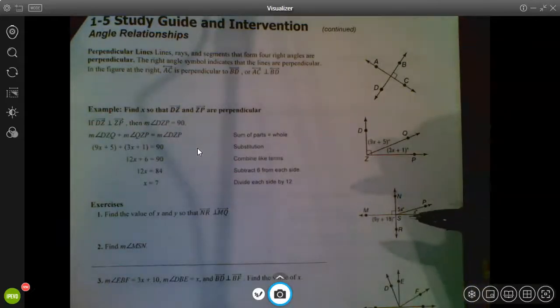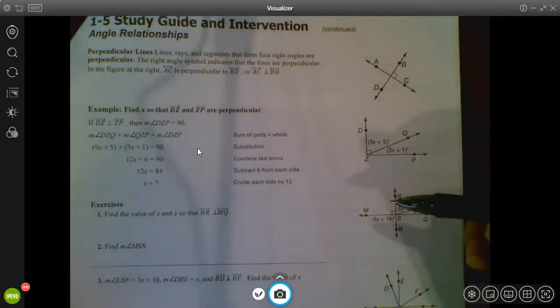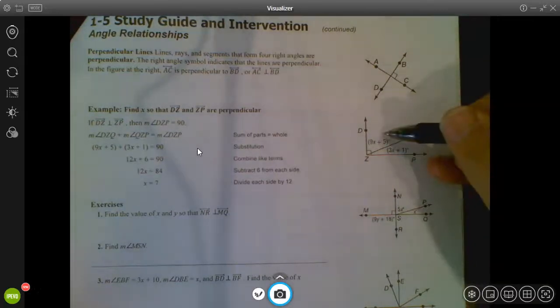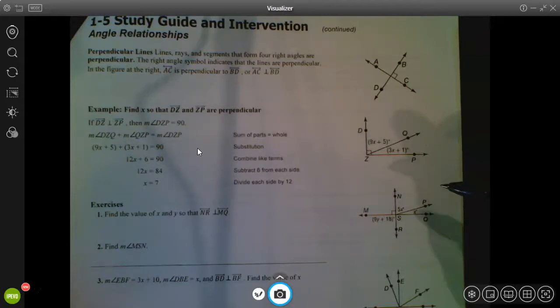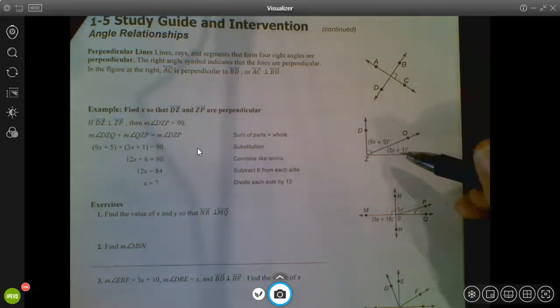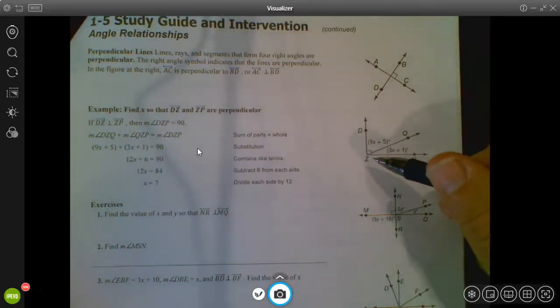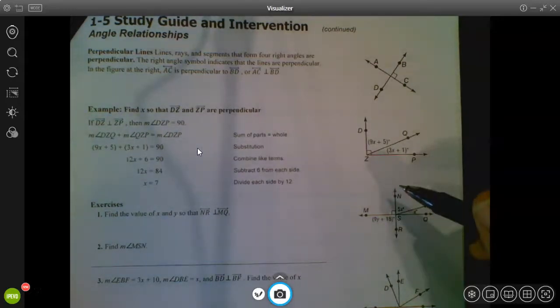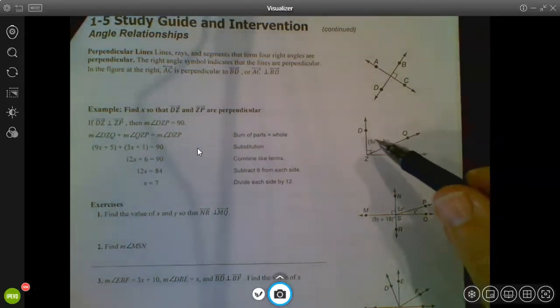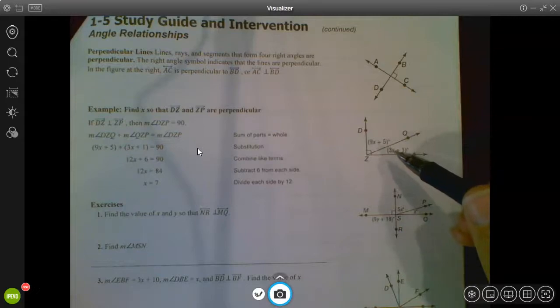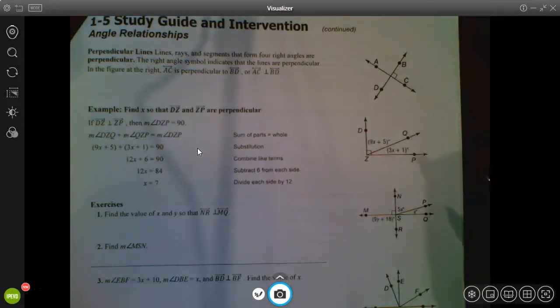Well, what do we know about the measure of a right angle? We know it's 90 degrees, right? Which means this angle and this angle must total 90 degrees, since when we put them together, they form this right angle. Key vocab word that we saw on the last page: anytime you have two angles that add to 90, they are called complementary angles. So that's another one of those vocab words that you want to hang on to.